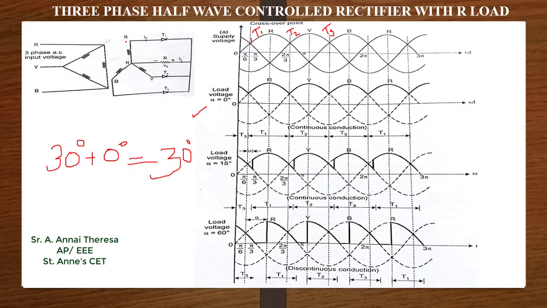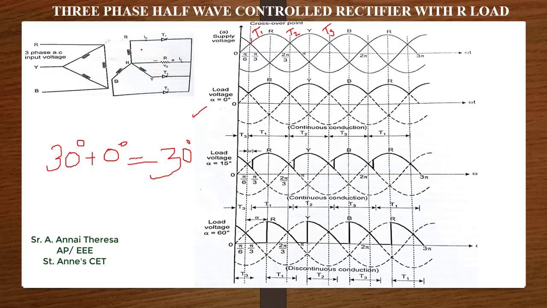There are three phases named R, Y, B. The R phase is connected to the thyristor T1, Y phase is connected to the thyristor T2, and B phase is connected to the thyristor T3. There is a load, that is, R load is connected.